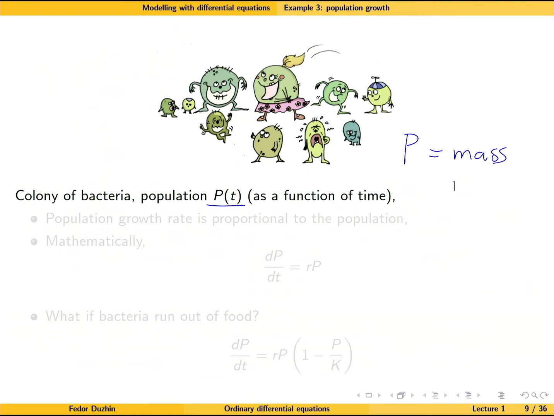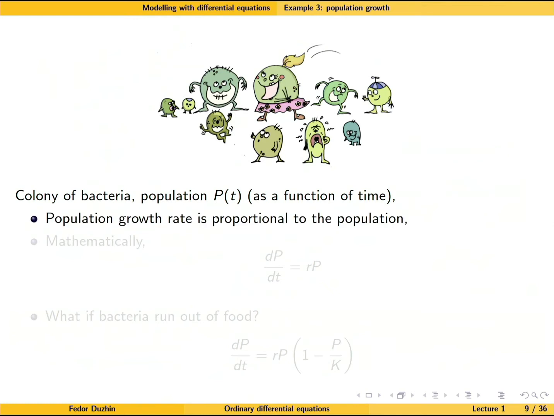So it is measured in, I don't know, probably milligrams or something. I don't know how exactly bacteria weigh, but it's not the amount of bacteria, it's rather the total mass of bacteria, right? So it is really a continuous quantity. It's not a discrete quantity.